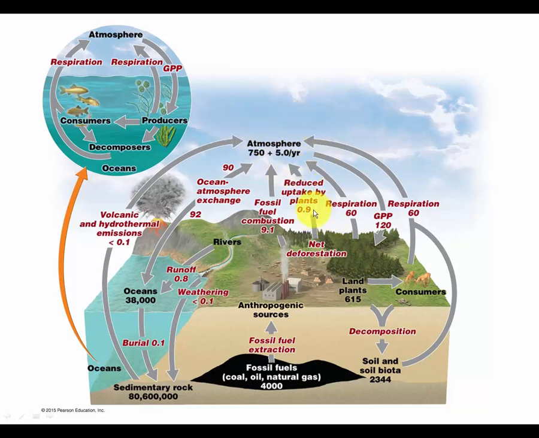Because there are fewer plants, the uptake of carbon dioxide by the world's plants is also slower than it could have been otherwise. So this is another way in which human activity is indirectly increasing the concentration of carbon dioxide in the atmosphere by interfering with the plant community that would otherwise be taking it up.